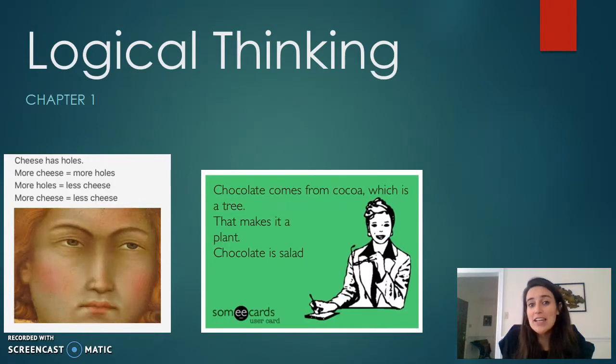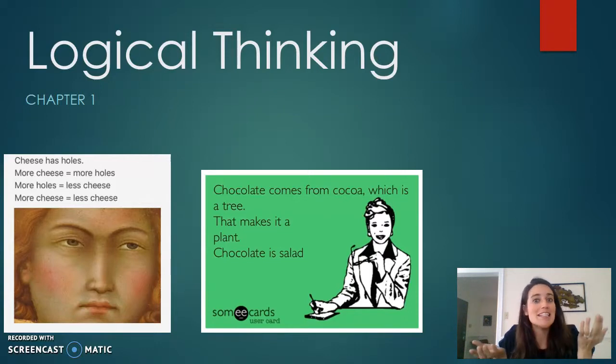Chapter 1 is called Logical Thinking, and I've included here on this slide some examples of logical fallacies. For example, our first meme here: cheese has holes. More cheese equals more holes. More holes equals less cheese.